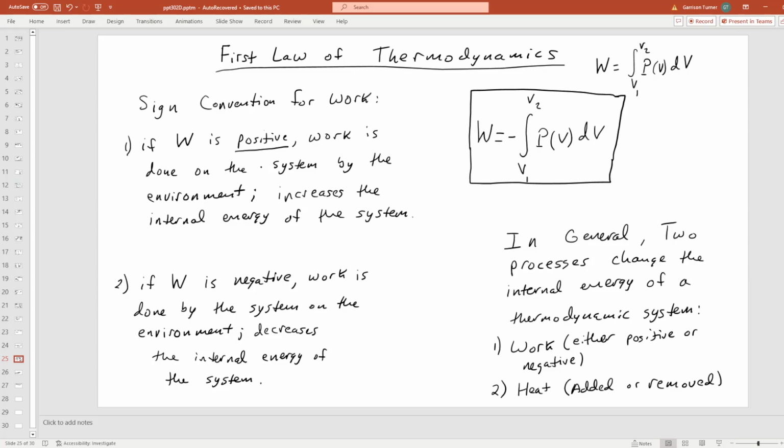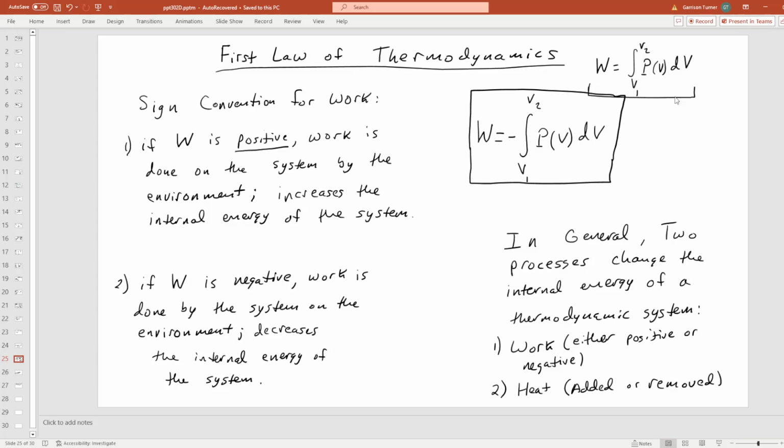Other textbooks, the ones that use this equation, will have exactly the opposite sign conventions. If you use the top equation for work there, then when work is positive, that means it's work done by the system on the environment, and if it's negative, then that means it's work done on the system by the environment.